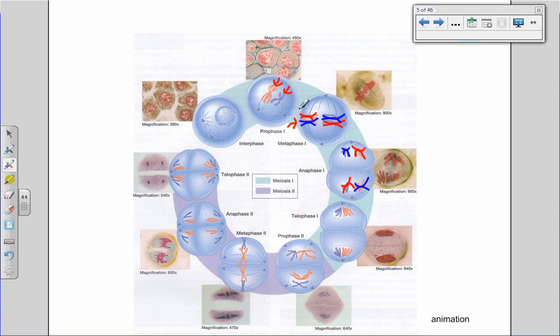So when we go through each of the stages, I'm drawing them in red and blue so you can see the mother-father copies and follow them along.